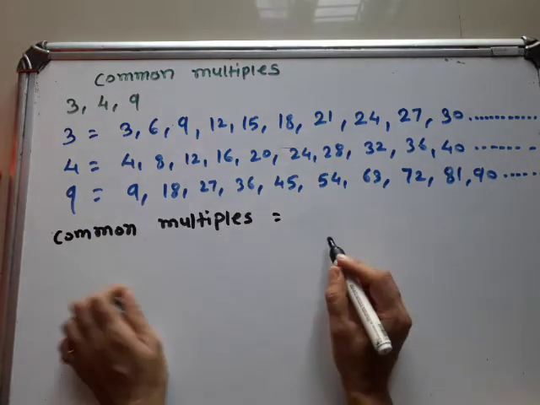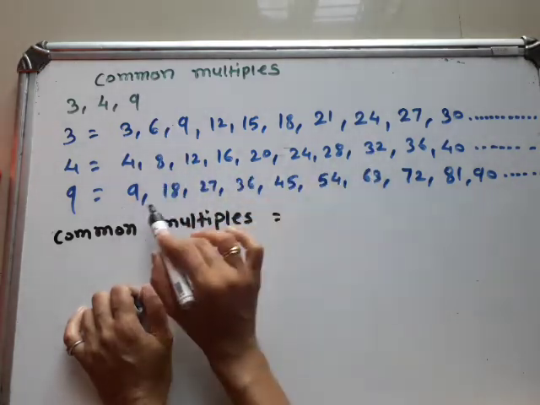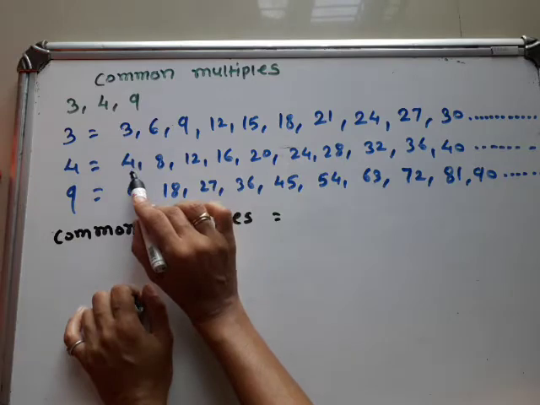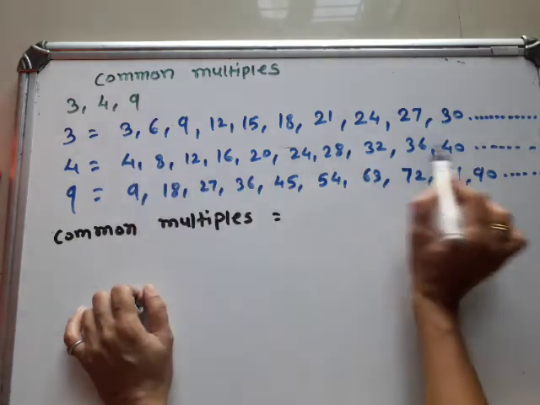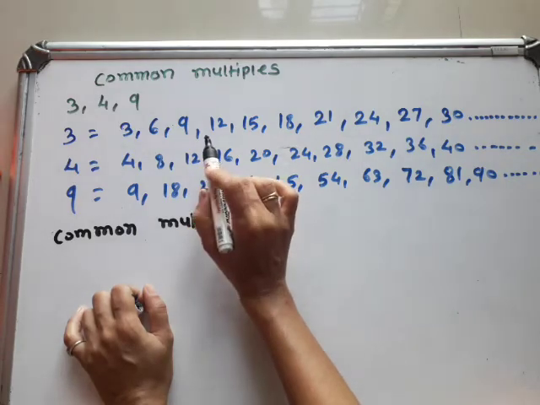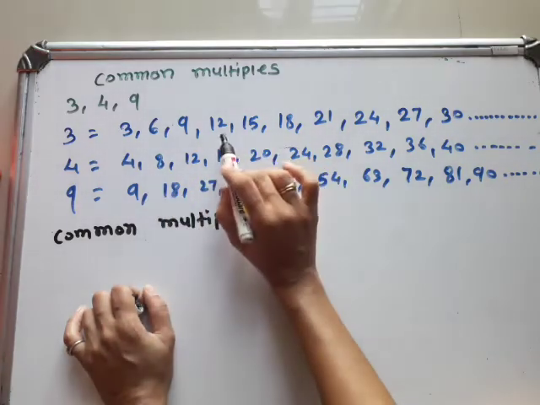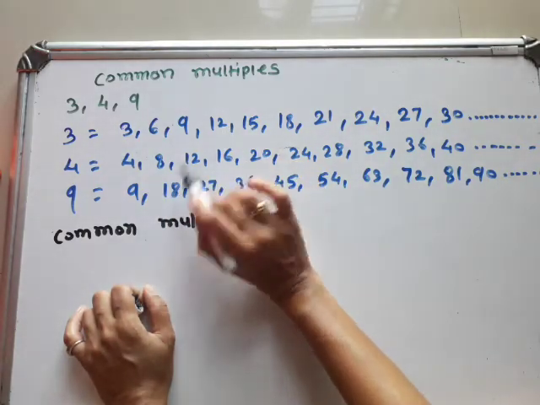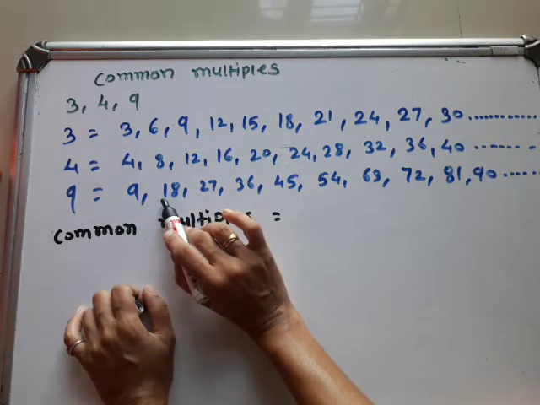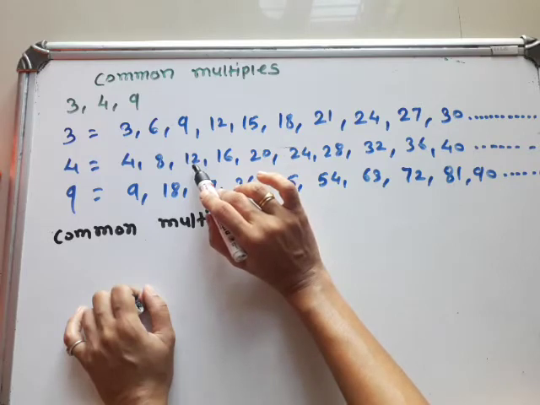Look here, 3 is not in the table of 4, 6 is not in the given table, then 9. 9 is here, but in the table of 4 there is no 9. A common multiple must appear in both tables, the table of 3 and the table of 4. So 9 is not a common multiple. 12 is here and here, but in the multiples of 9 it is not there, so this is again not a common multiple.